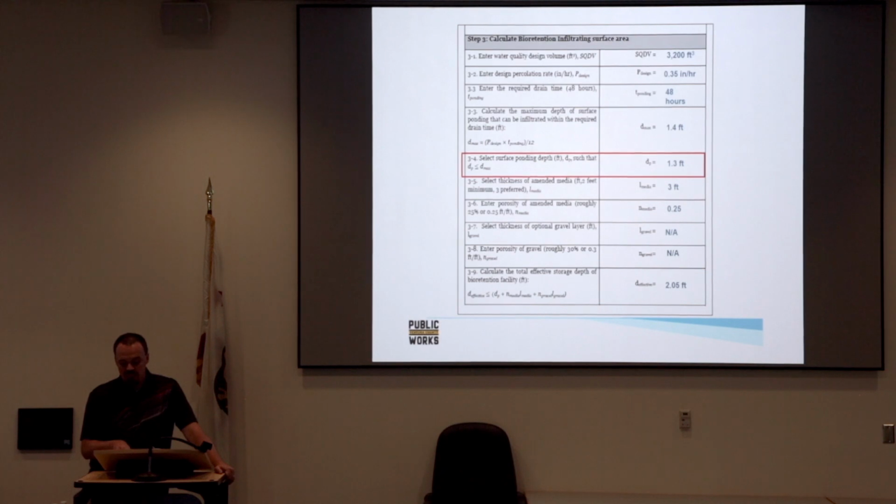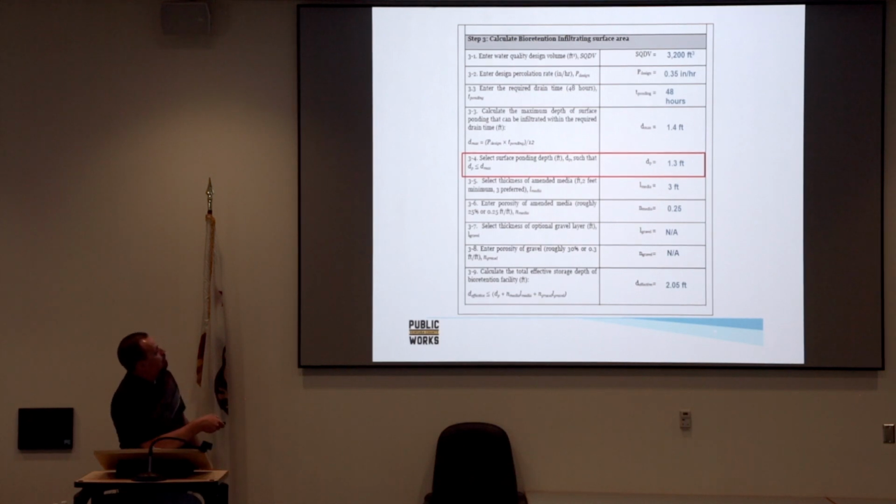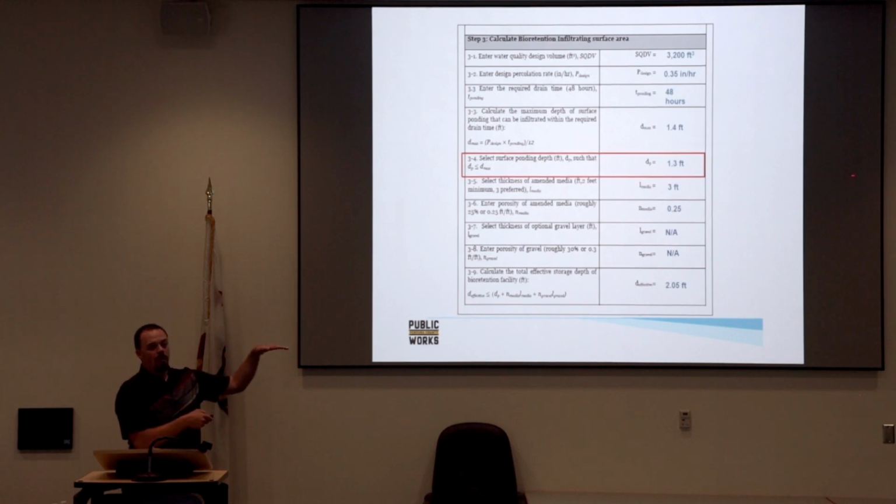It has to be less than the D max that was calculated in step 3-3 above. The reason you need that drawdown time is because you have your 48 hours and your design infiltration rate, and then you can calculate your D max, which is how much water above your infiltration surface can draw down in that 48 hours. That's a key component so that you can size your BMP.